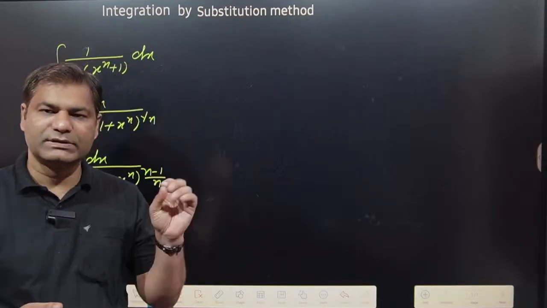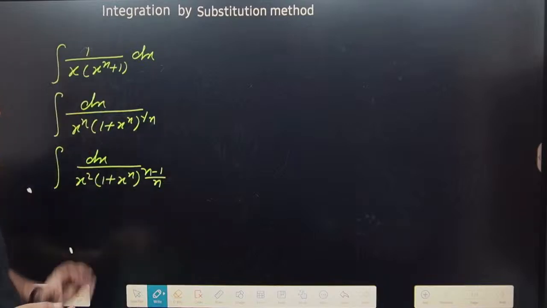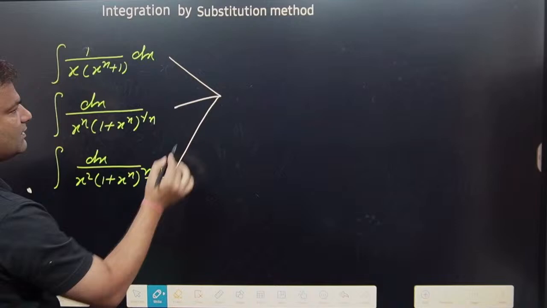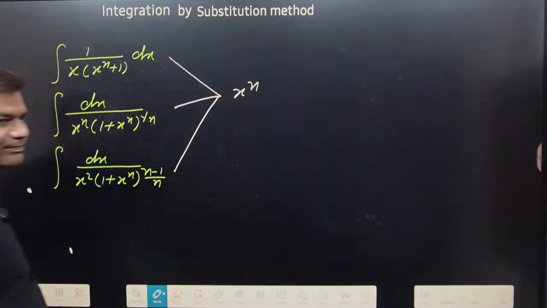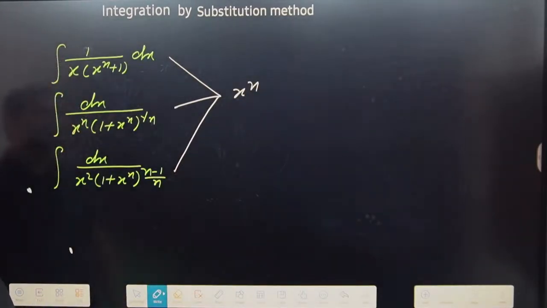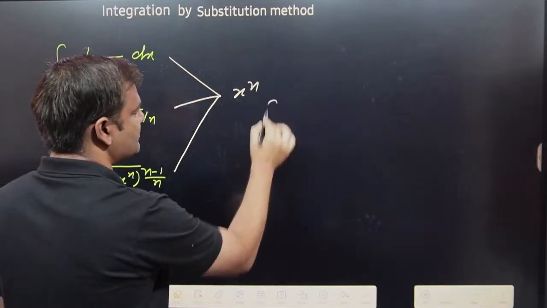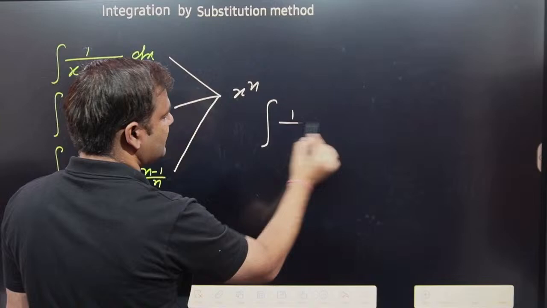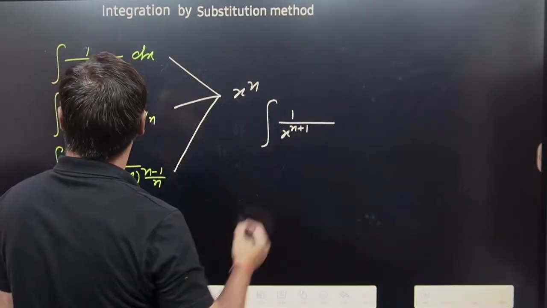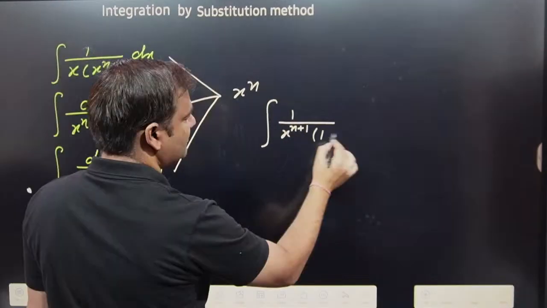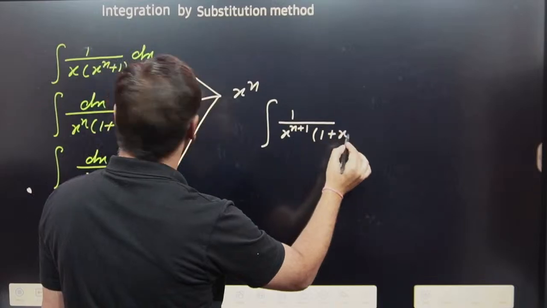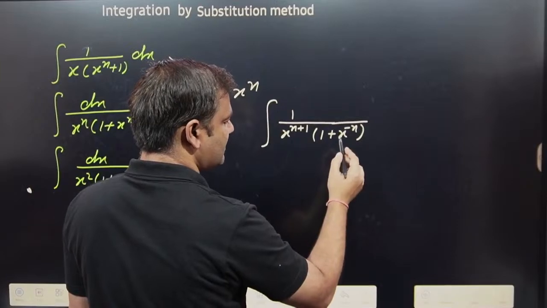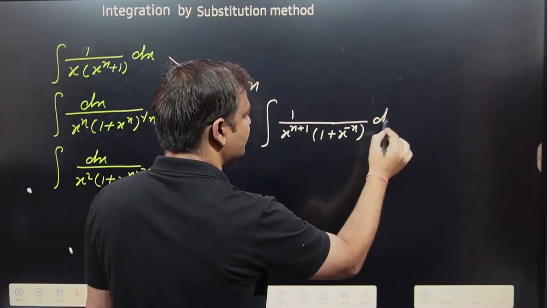Then how can we solve? Simply, in all these three, always take x to power n as common. If x to power n is common, then simply we get n plus 1 and 1 plus x to power minus n, raised to power minus 1, into dx.